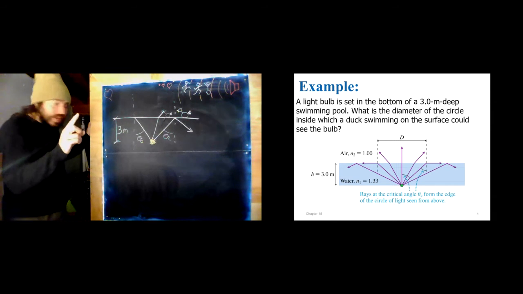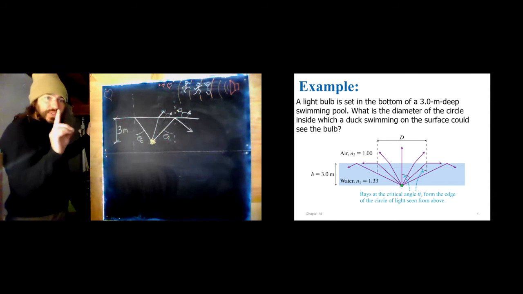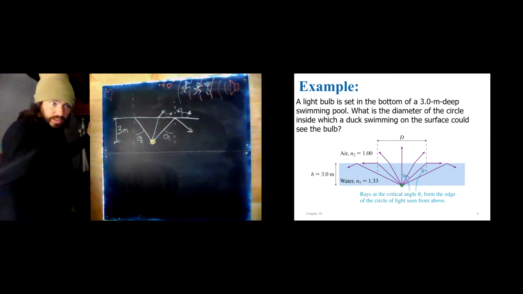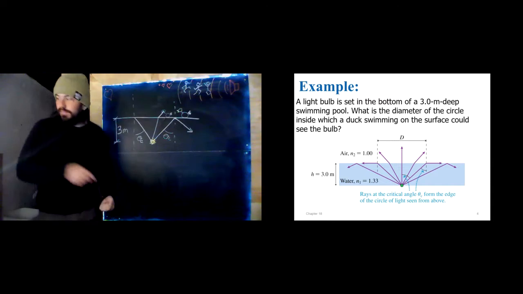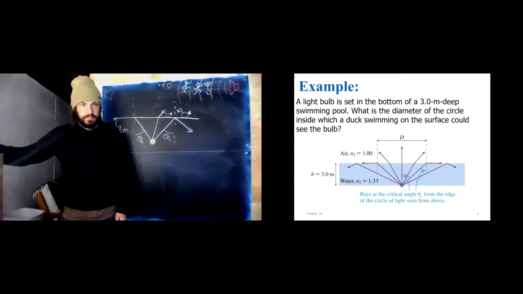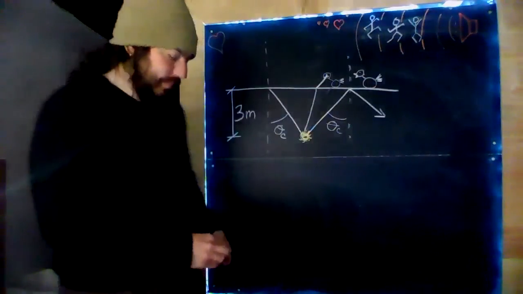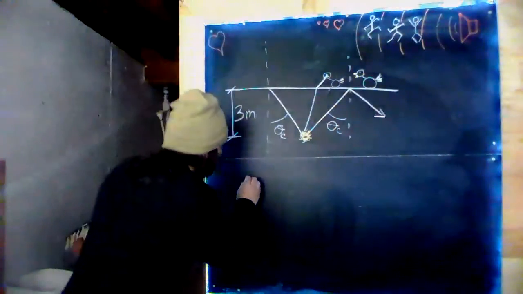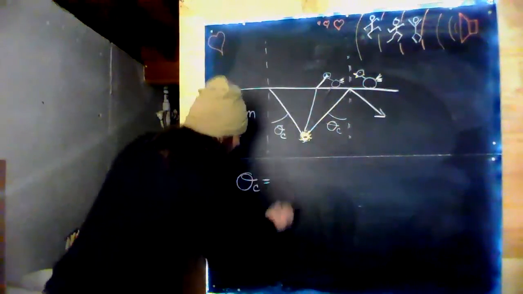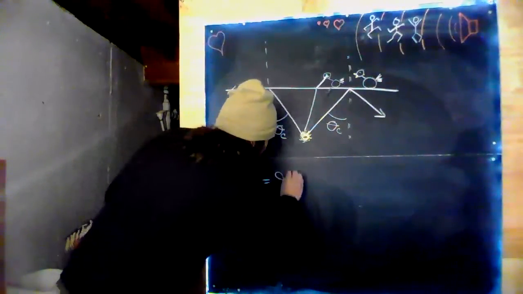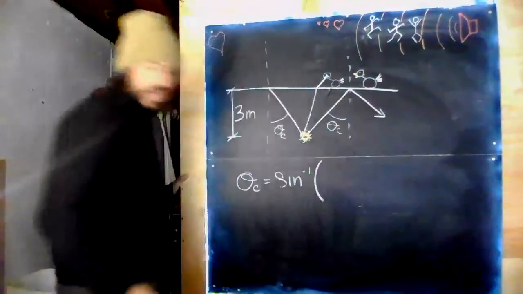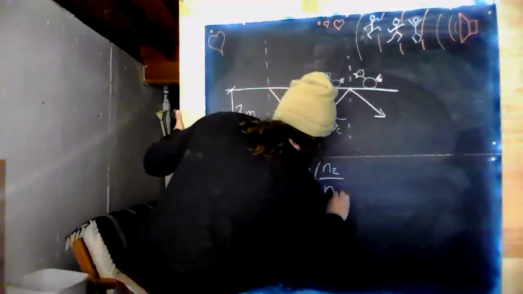Okay, so in order to figure this out, the first thing we need to do is to figure out what the critical angle is. So, here we go. Theta critical equals the sine inverse of N2 over N1.